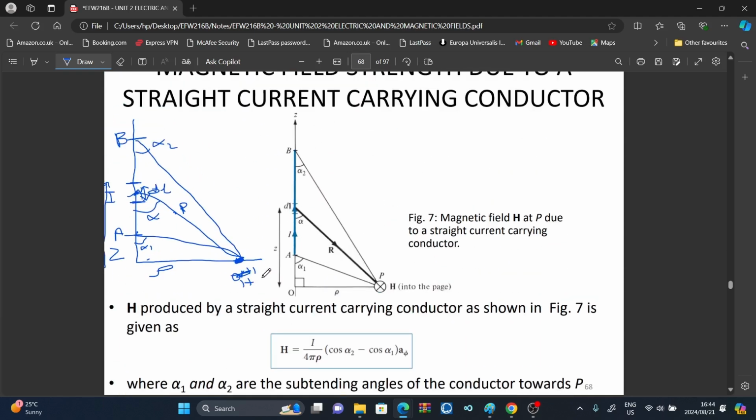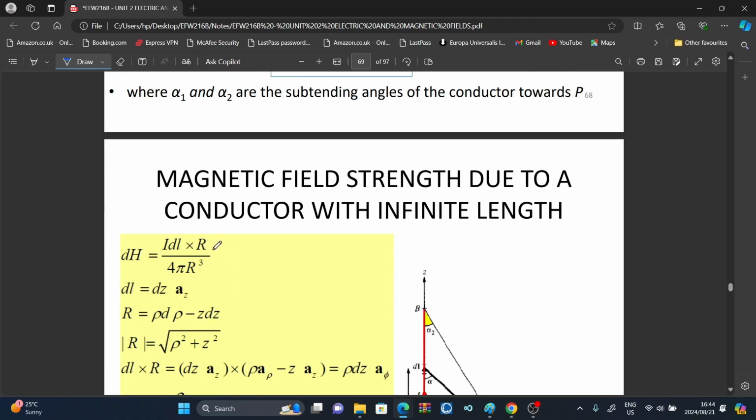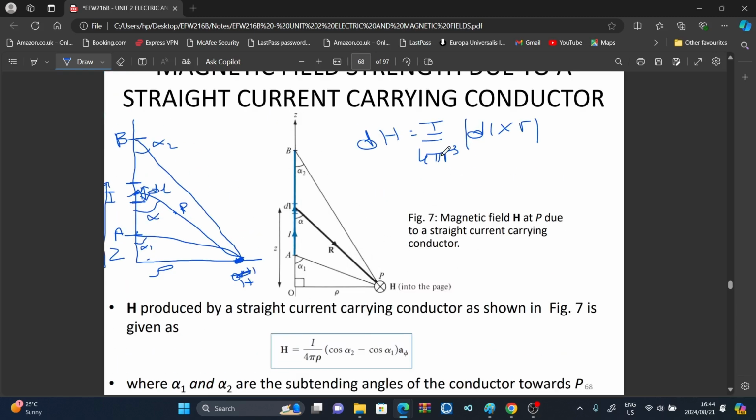And I think from the previous notes, you do remember our dH equals I times, it was what, I times 4 pi R cubed times dL times R, the cross product between R, which is that, as you can see, that we already calculated.